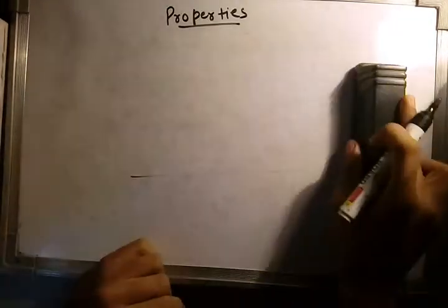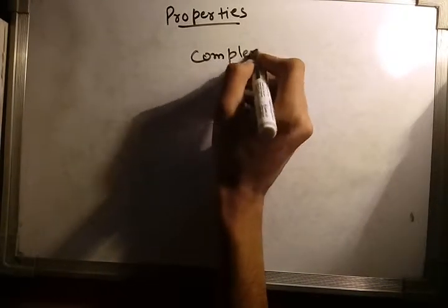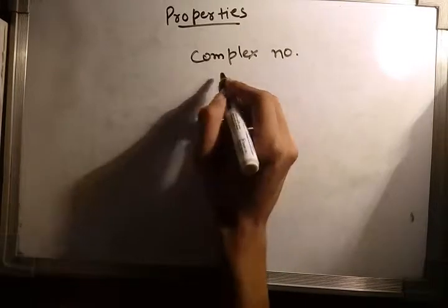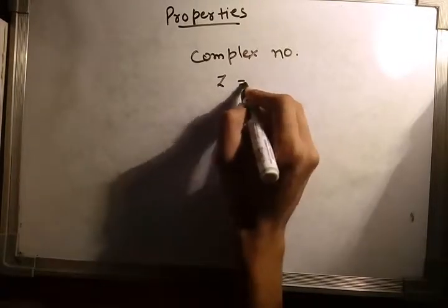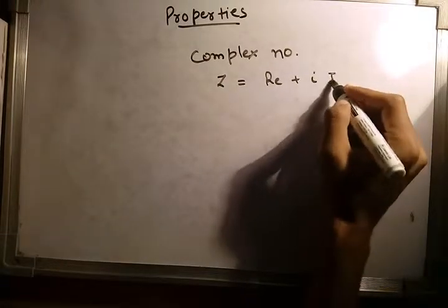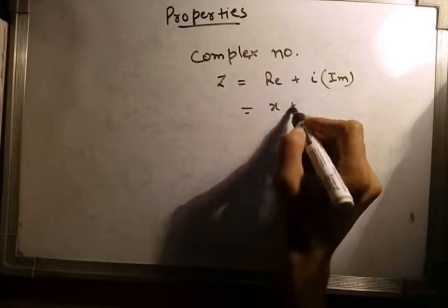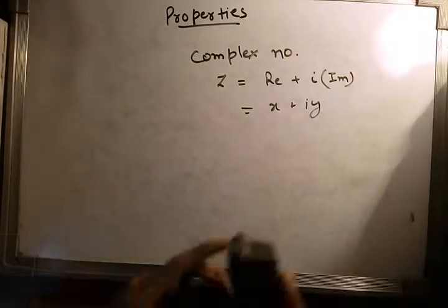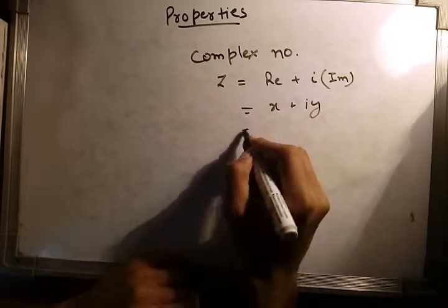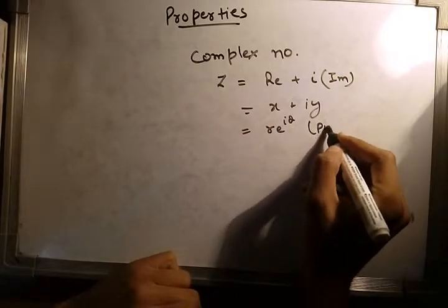Now let's move on to some complex number use of the modulus function. A complex number can be denoted by z, and it is equal to the real part plus iota times the imaginary part, like x plus iota y. It's also written as r e to the power iota theta in polar form.